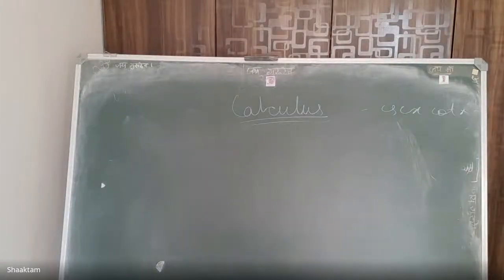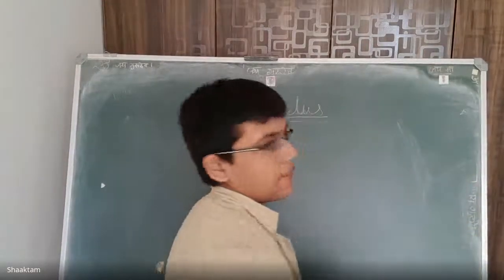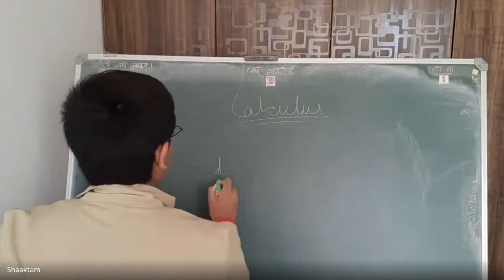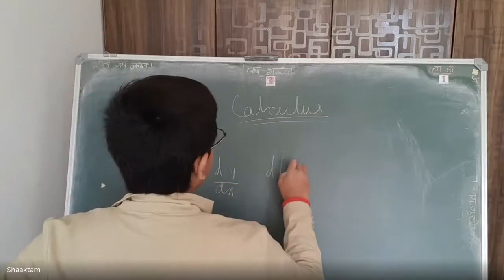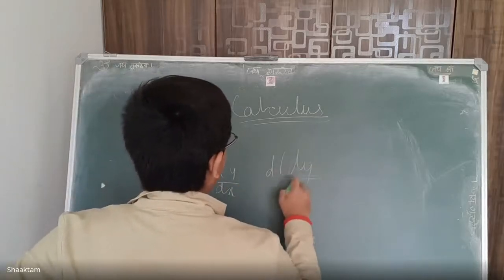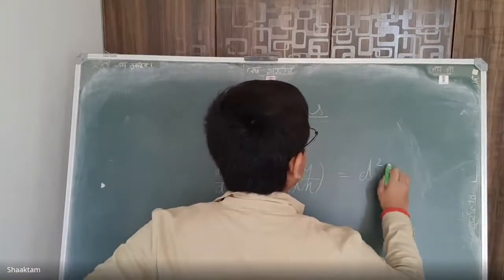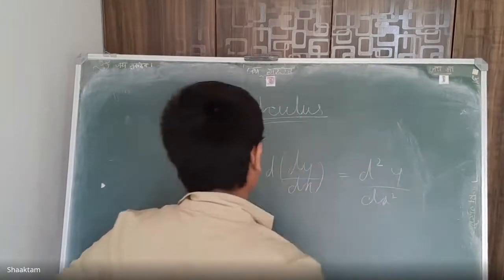Okay, so we'll move on to maxima and minima, which I consider as a part of differential calculus. One more thing is that if I know dy by dx, then d of dy by dx is written as d2y by dx square.